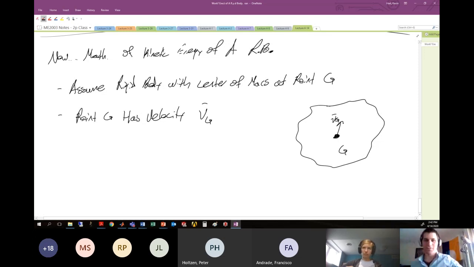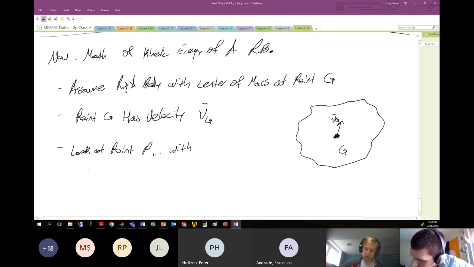Wonderful, great, fantastic, marvelous. All right, let's assume that now we're going to look at one individual point on this particular body as a specific case, and that particular point has a differential mass, which is dm. Okay, so look at point P with differential mass, which we'll call dm, right?